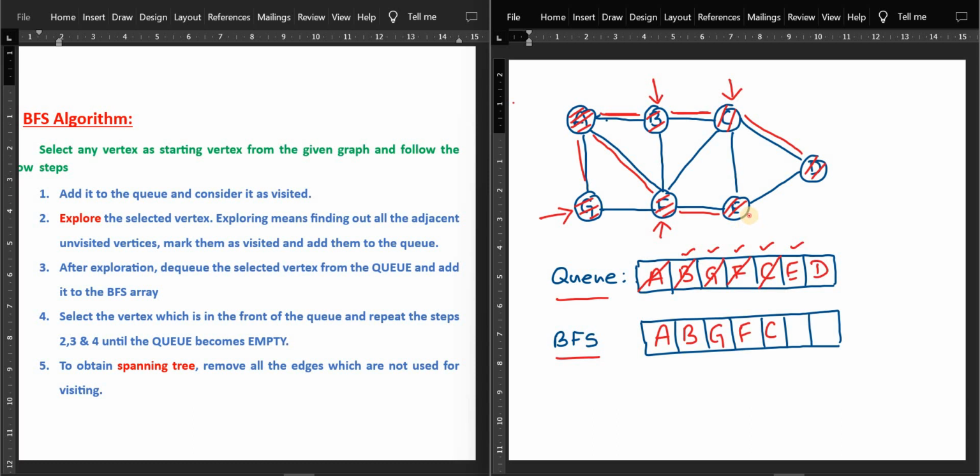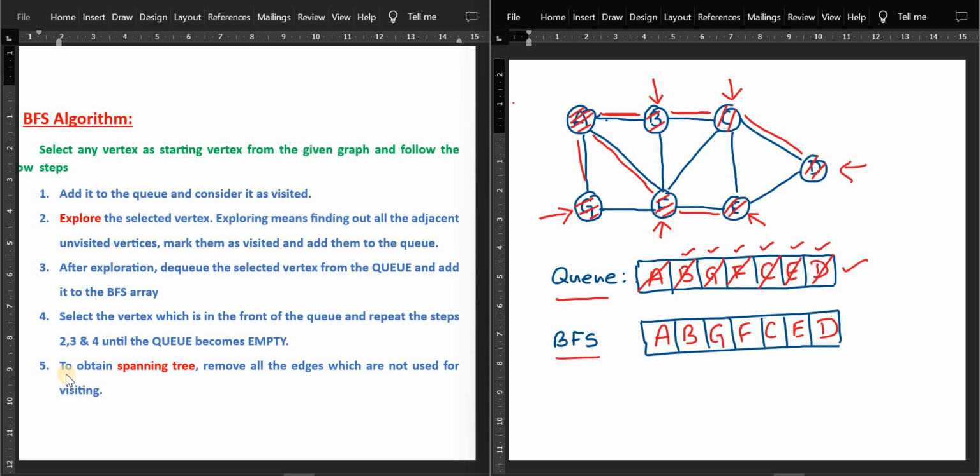Now consider E. All the vertices are visited, so exploration of E is also over. So remove it from the queue, add it to the BFS. Now consider D. So this is our D, and for D, all the adjacent vertices are visited, so it is already explored. That means we have to remove this D and add it to the BFS. Now the queue is empty, so we have to stop the process.